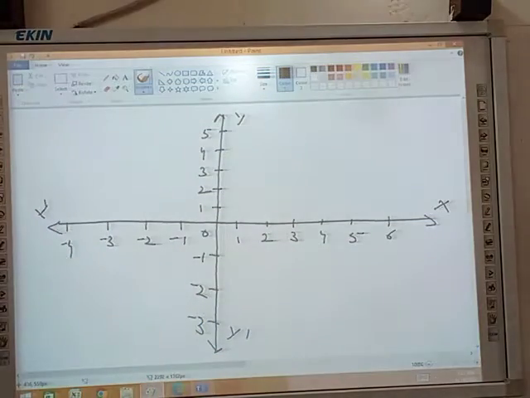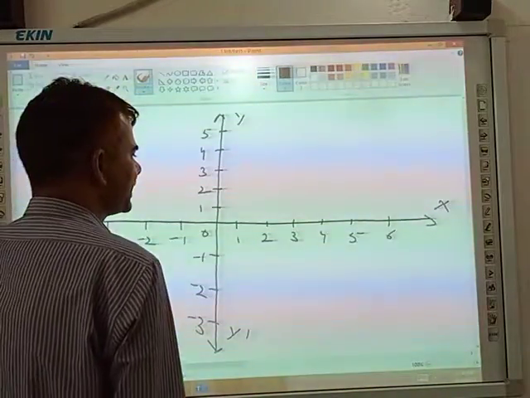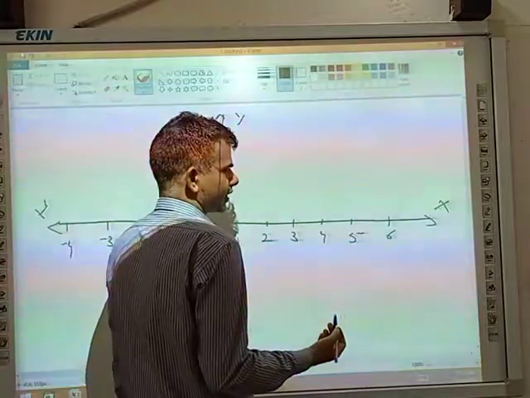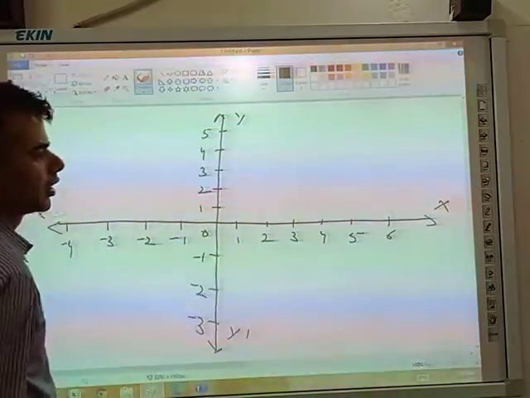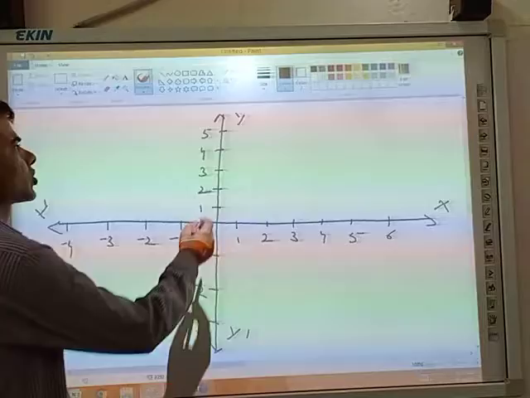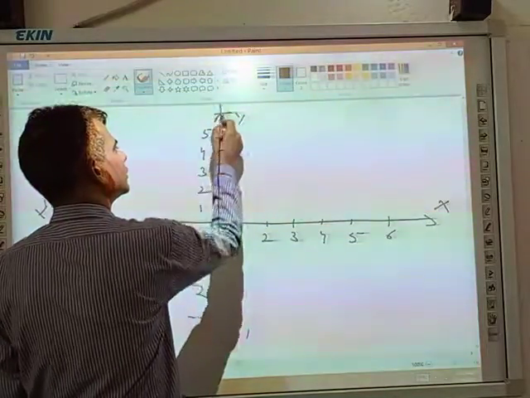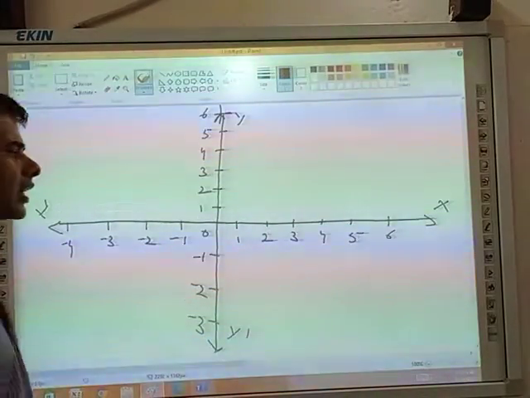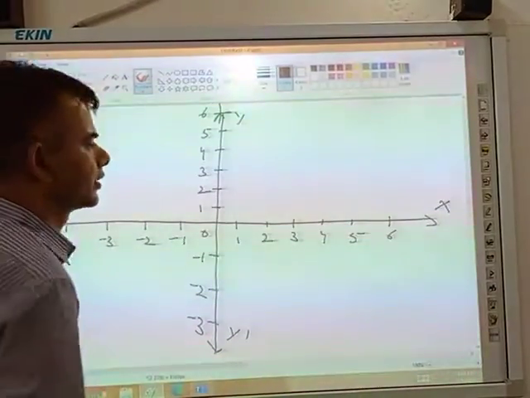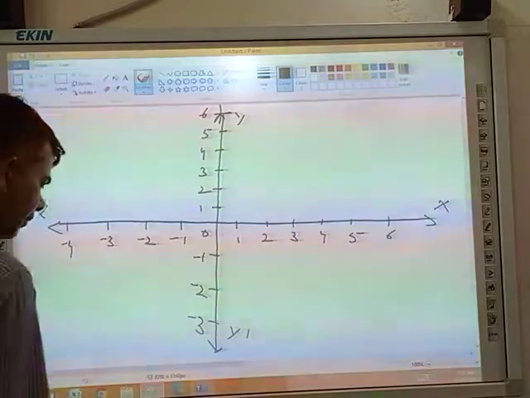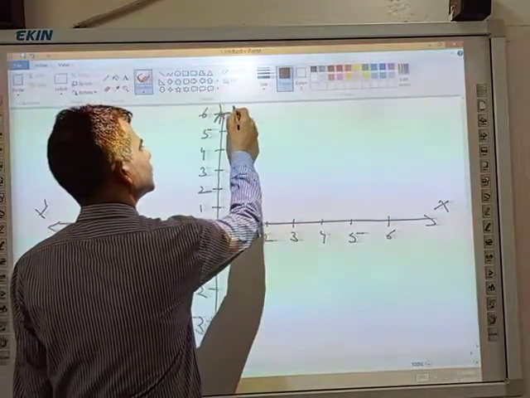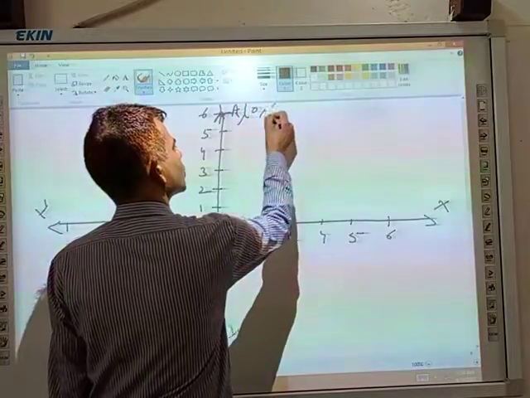Now students, x is 0, y is 6, so the point is on the y-axis.